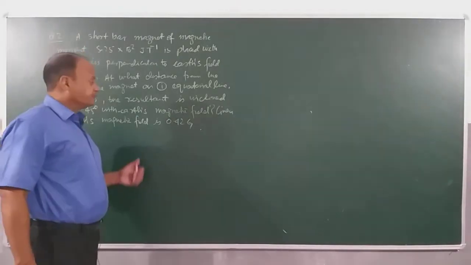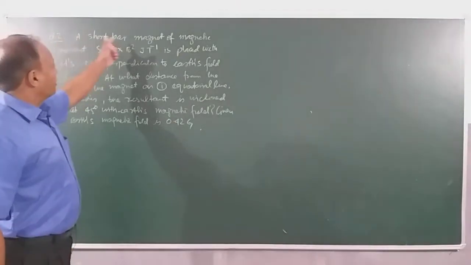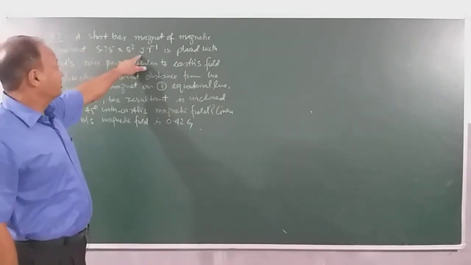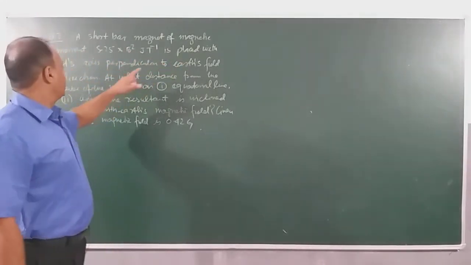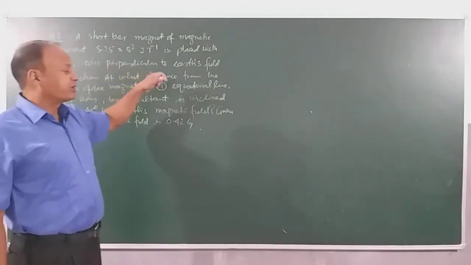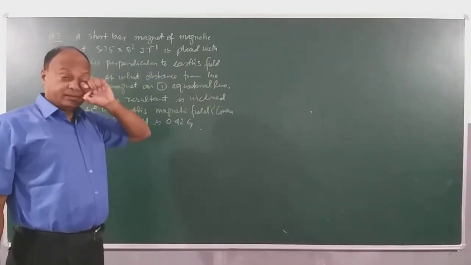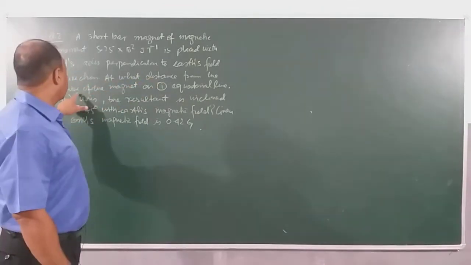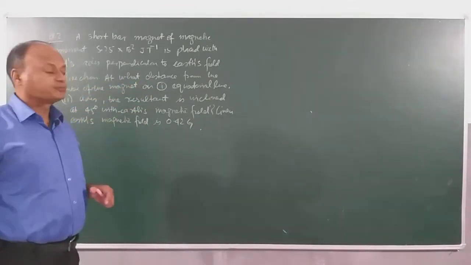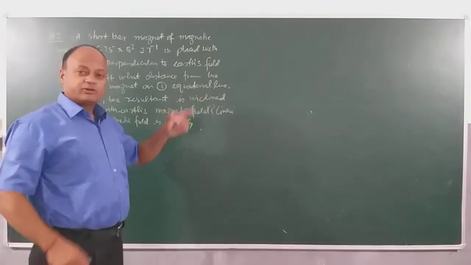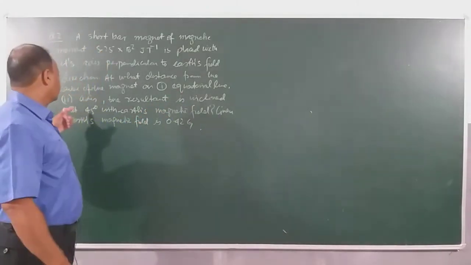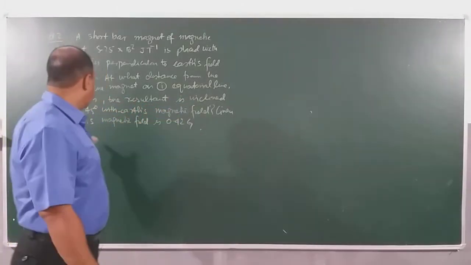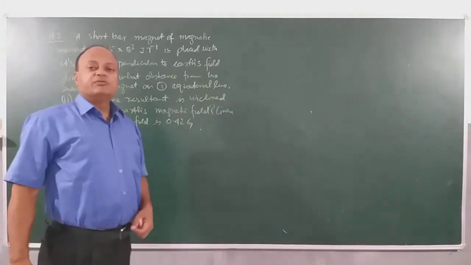Alright children, here a problem. A short bar magnet of magnetic moment 5.25 into 10 to the minus 2 joule per Tesla is placed with its axis perpendicular to Earth's magnetic field. Clear? At what distance from the center of the magnet, number 1, on the equatorial line or perpendicular bisector, and number 2, on the axis, is the resultant inclined at 45 degree with the Earth's magnetic field?